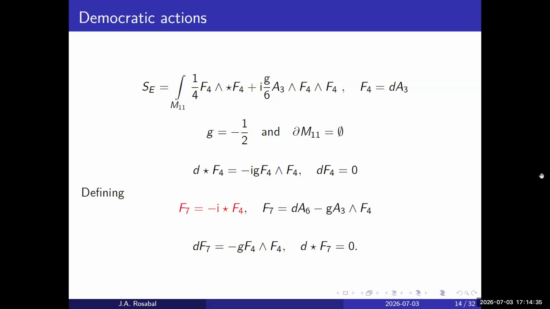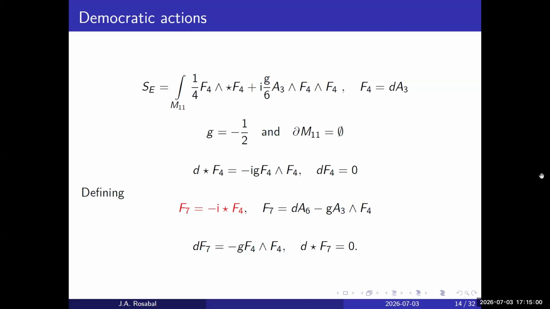This is why we want to introduce the democratic formulation. In the democratic formulation, you double the degrees of freedom, so you introduce F4 and F7 at the same time, and this object here is defined by the solution of this equation. And what you can see is that if you now impose this condition after the equation of motion, this is the classical version.